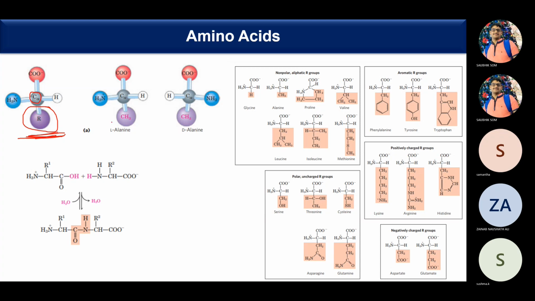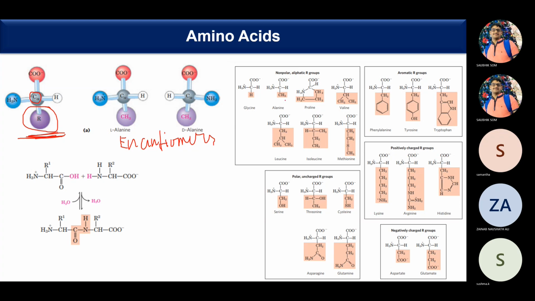Since based on this alpha carbon there can only be two types of each amino acid, they are also known, as we previously told, as enantiomers, correct? Enantiomers, like L-alanine and D-alanine.